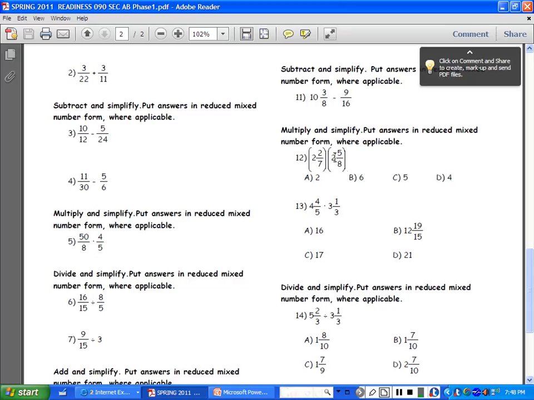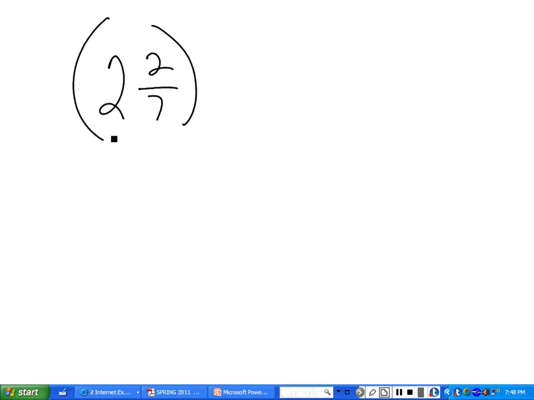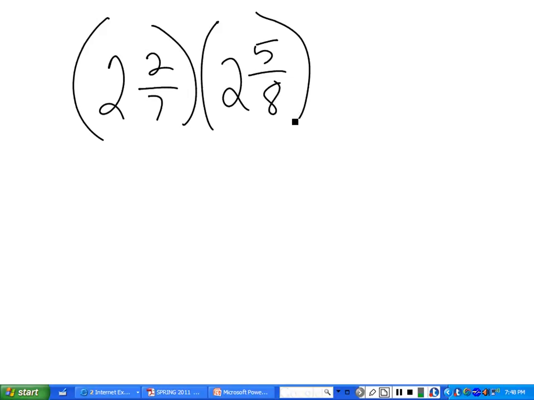When we see parentheses right next to each other, that just means multiplication, just like number 13 means multiplication. Okay. So 2 and 2/7 times 2 and 5/8. So just make sure you understand this is multiplication.